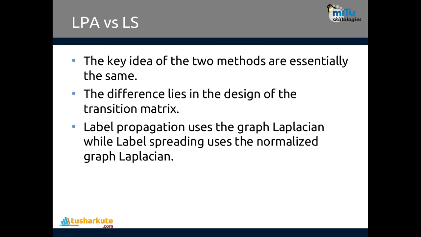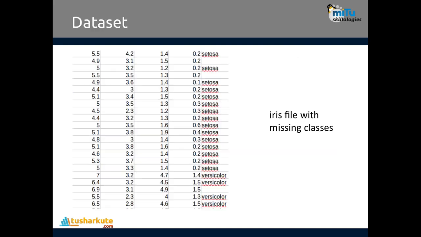So that's the basics behind semi-supervised learning and the algorithms that we use in this system, that is label propagation and label spreading. Now let's go check the classes of the missing values. To understand this algorithm clearly, we are going to use the commonly used data set called iris.